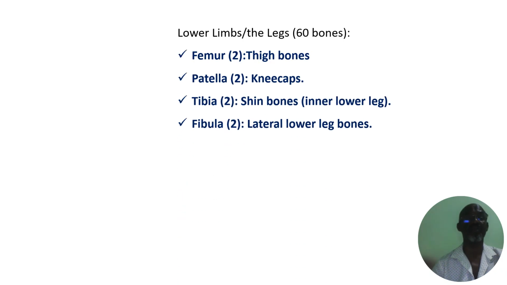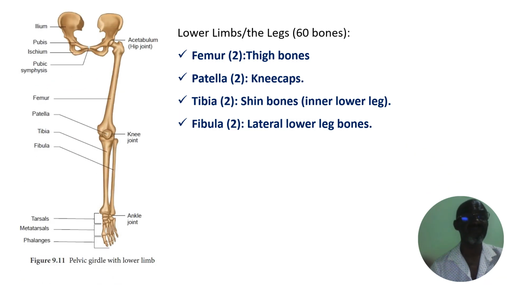Then from the pelvic girdle we move to the lower limbs, the legs, 60 bones in total: femur, 2 thigh bones; patella, 2 kneecaps; tibia, 2 shin bones, the inner lower leg; fibula, 2 lateral lower leg bones. You can see here this is the femur, left and right.